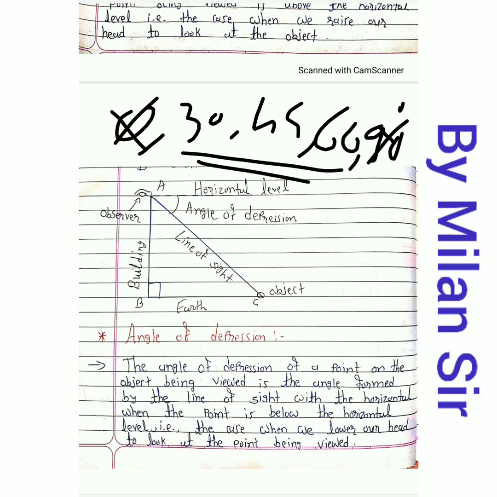But right now in standard 10 we cannot use the scientific calculator. That's why our syllabus is limited to these three angles, 30, 45 and 60. Other values are not given in standard 10. In further study, you can use this trigonometric concept for every angle by using the scientific calculator.